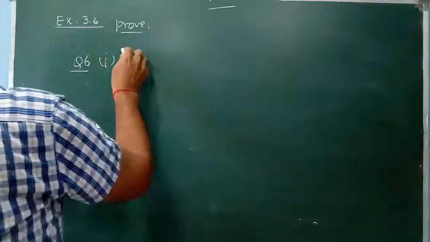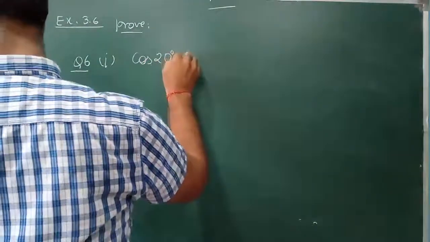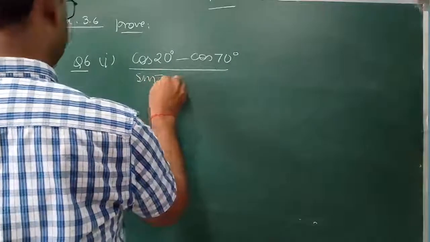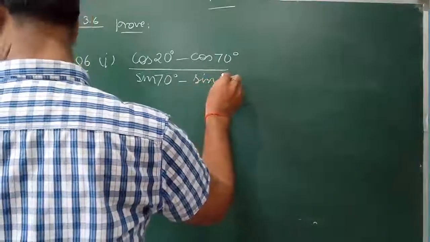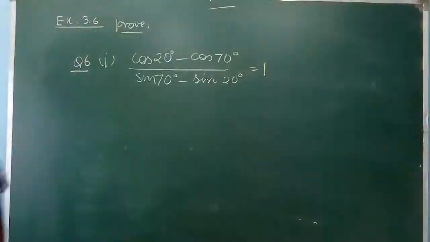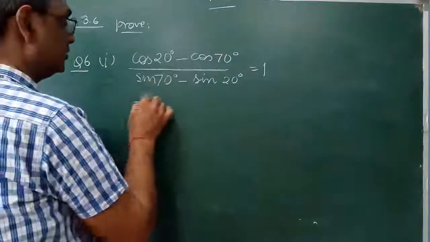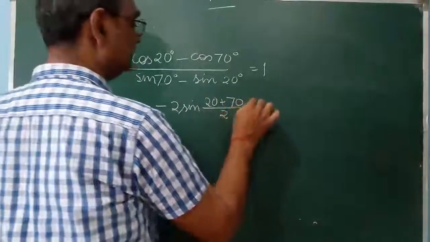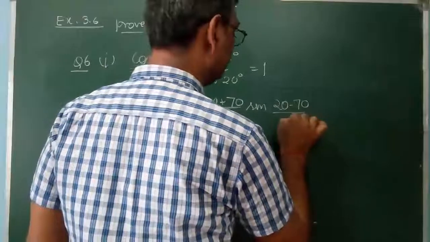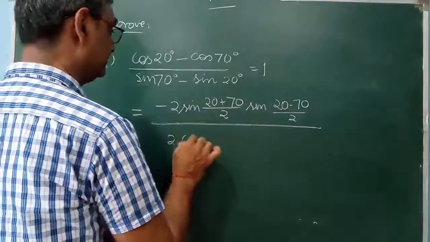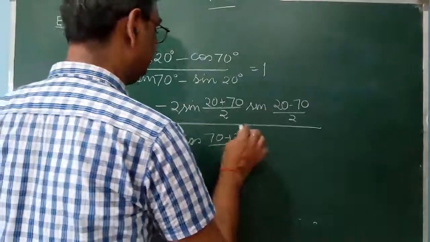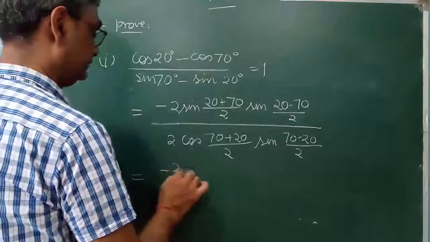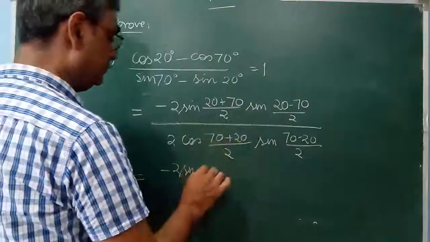The question is, here the formula we can use is cos C minus cos D. So minus 2 sine((20 plus 70) by 2), that is 90 by 2, 45.